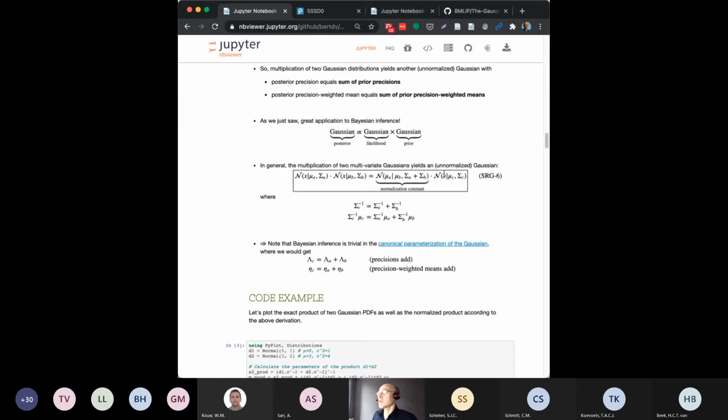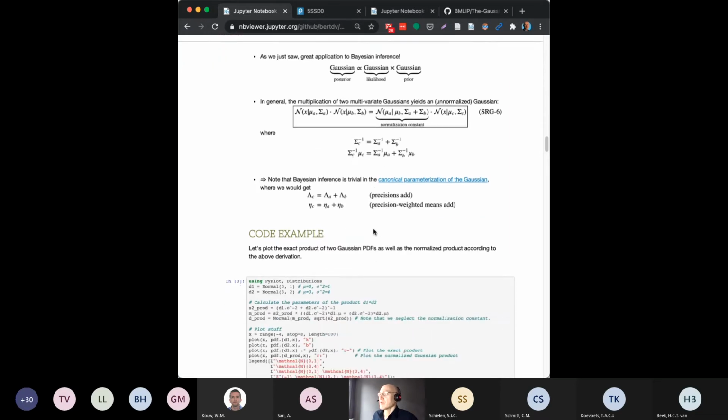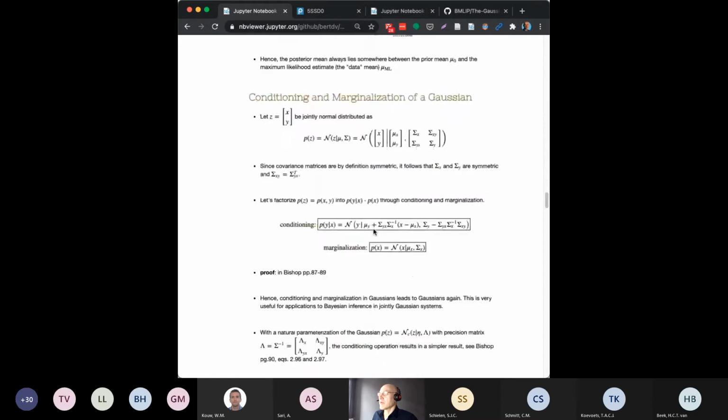So this is just a number times a Gaussian. Very often, if this would be a prior and this would be a likelihood, then this would be the posterior and this is the evidence, and the evidence is just a number. So a Gaussian times a Gaussian, if they're both in x, gives a Gaussian in x and some number. Now we go back here.